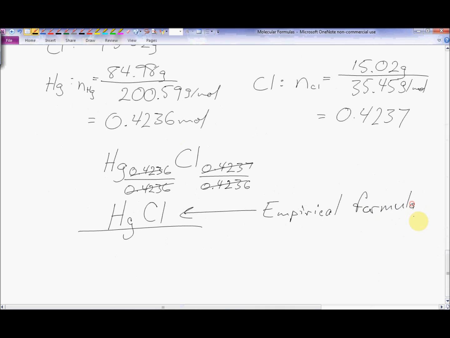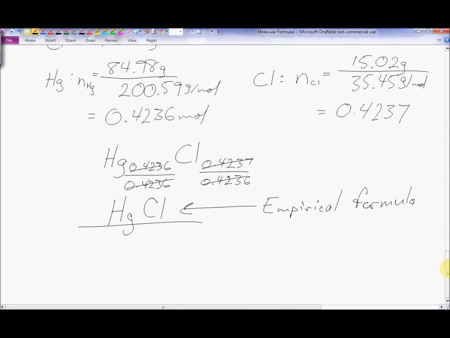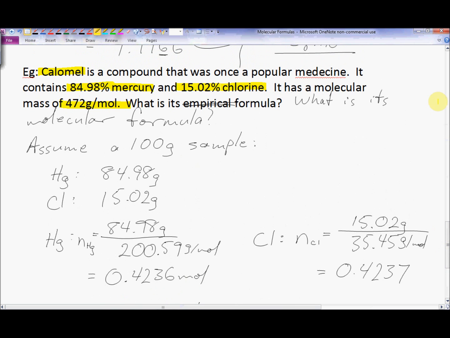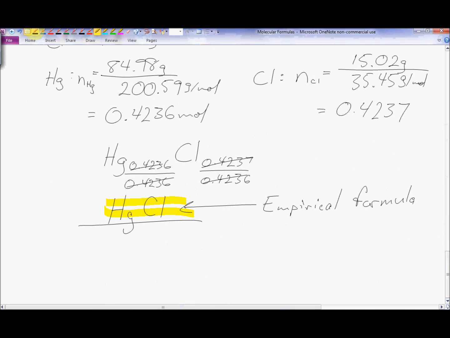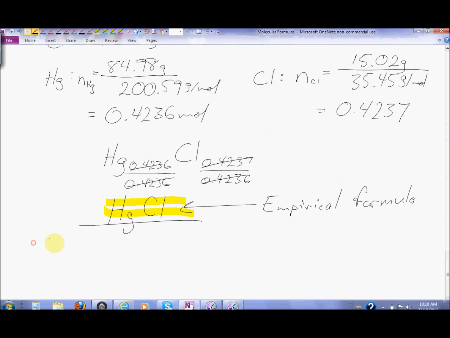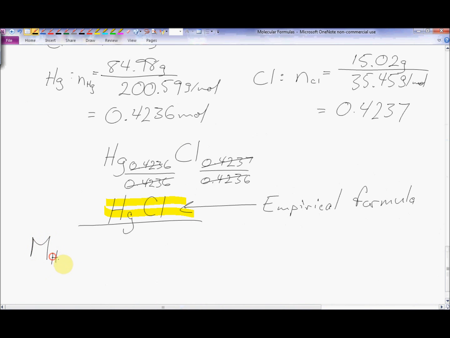And from that, we can now go ahead and calculate the molecular formula using the molecular mass, 472 grams per mole. So, the molar mass of the empirical formula, HgCl, is equal to the mass of mercury from the periodic table, 200.59 grams per mole, plus the mass of chlorine from the periodic table, 35.45.